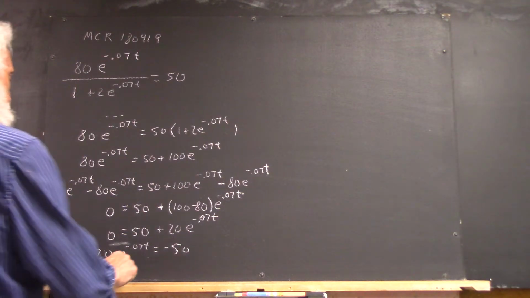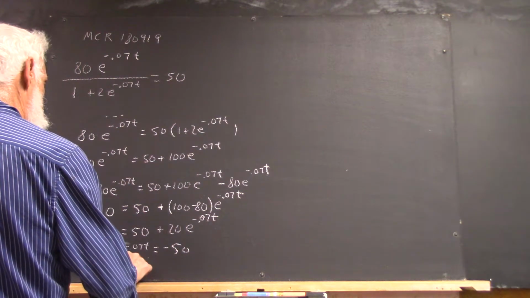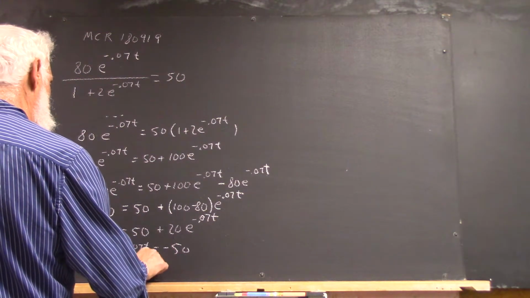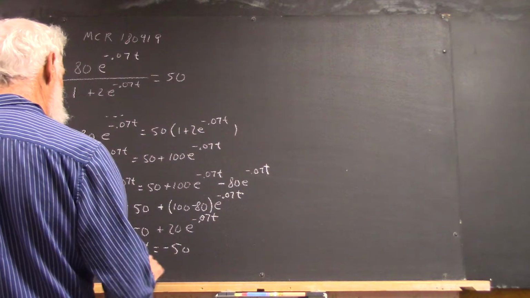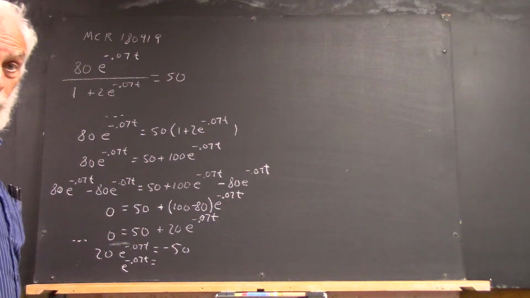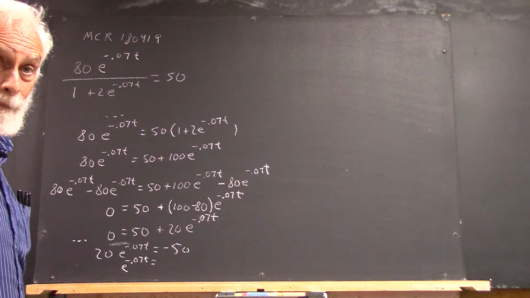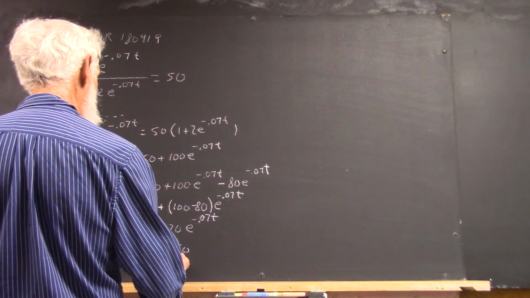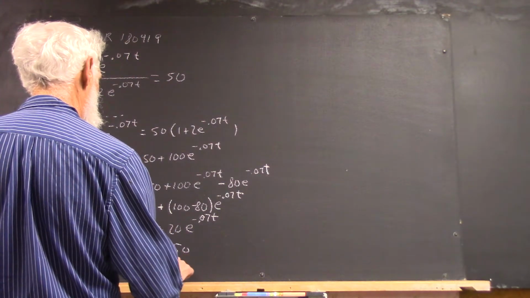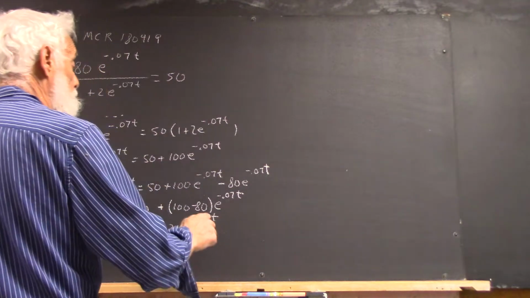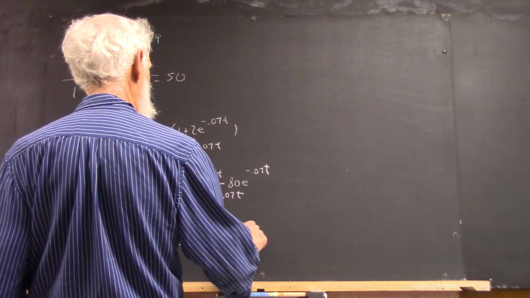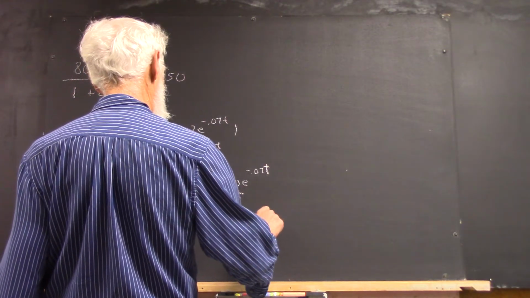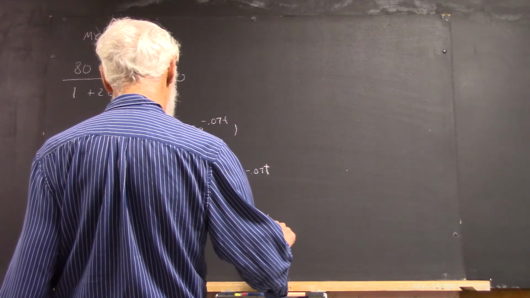Which tells us that e to the negative 0.07t equals, well, we divide by 20, right? So it's negative 50 over 20, which is negative 2.5.